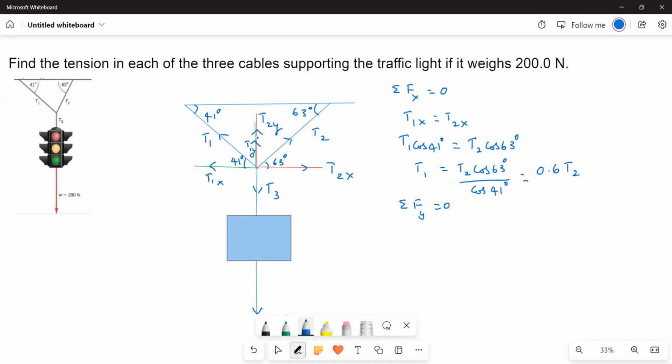T1y and T2y are acting vertically upwards, and T3 is nothing but the weight of the traffic light. Therefore, T3 is equal to W is equal to 200 newtons. T1y and T2y are acting upwards, T3 is acting vertically downwards. T1y plus T2y is equal to T3.